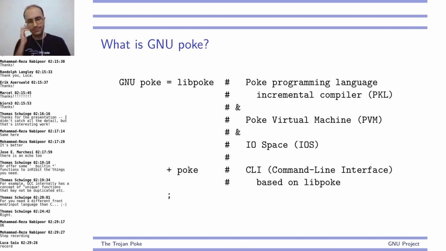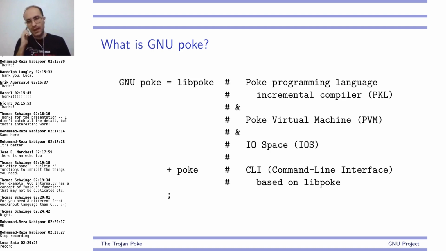Okay, so again, what is GNU Poke? It consists of two parts, libpoke and poke. The poke is the program, the CLI. We will soon have more than poke, like poke-D and other stuff too, but currently it's like this.